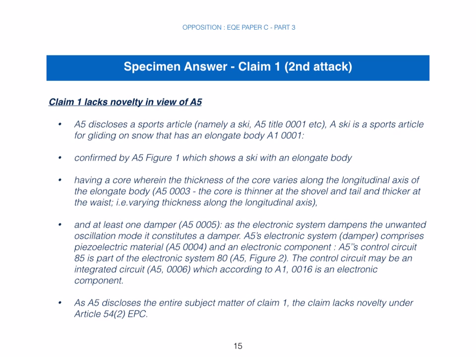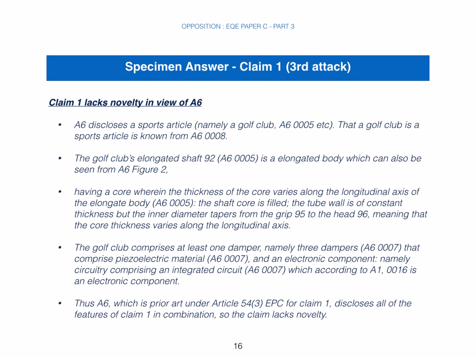The conclusion is, as A5 discloses the entire subject matter of Claim 1, the claim lacks novelty under Article 54.2 EPC. You'll notice that the framework of the Claim 1 wording is the same, but the imported facts from A5 are different. Next, a third attack for lack of novelty of Claim 1.